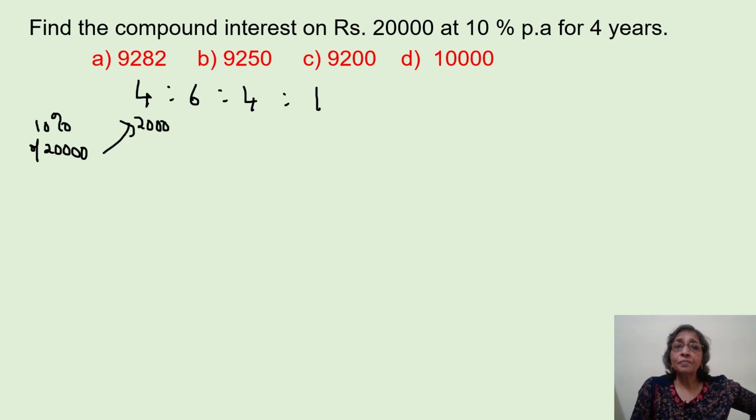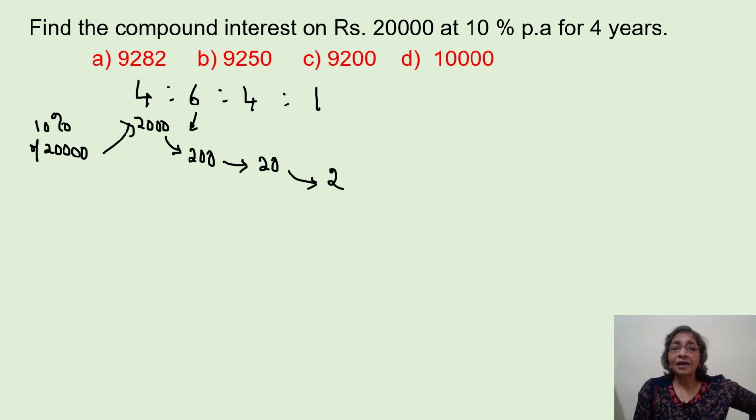The next would be 10% of 2,000. So 10% of 2,000 would be 200. The next would be 10% of 200. And the last would be 10% of 20.